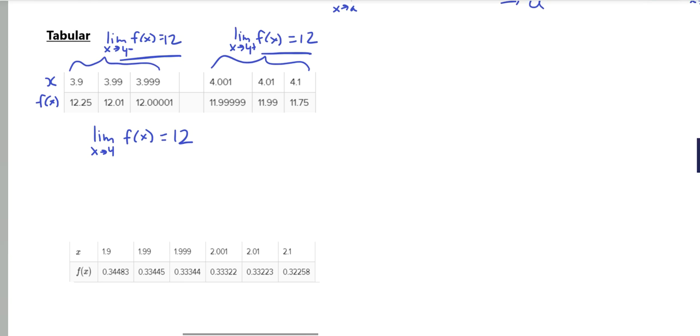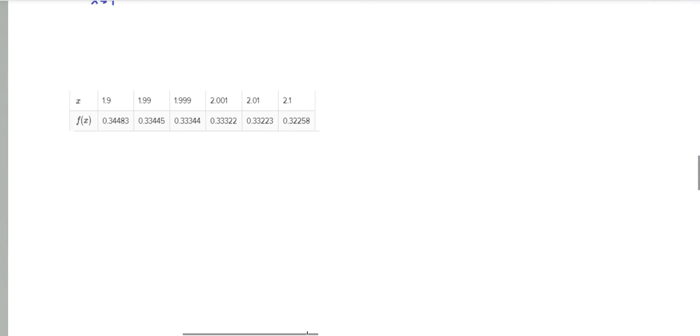All right, now let's look at the second example. Here we're also given a table, and we're asked what is the limit as x approaches 2 of f of x. So again, we're going to analyze the left and right-hand sides. All our data that's less than 2 is going to be our left-hand limit. So 1.9, 1.99, 1.999, that's all going to be approaching 2 from the left-hand side.